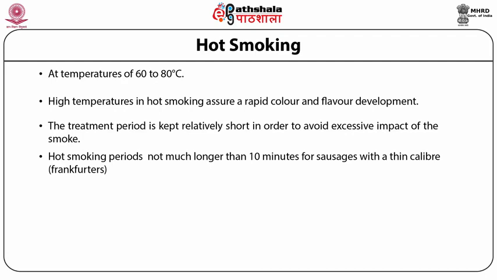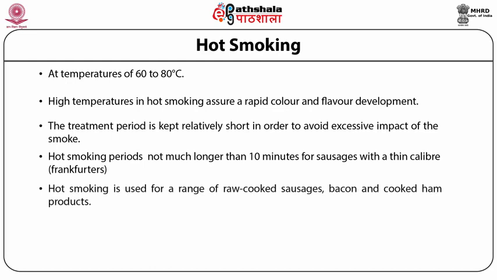The thermal destruction of the wood used for smoking is normally not sufficient to produce these temperatures in the smoking chamber, hence additional heat has to be applied in the smoking chamber. Hot smoking is used for a range of raw cooked sausage, bacon and cooked ham products.